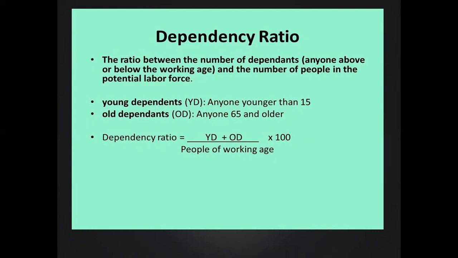Now, young dependents equal to YD, that is anyone younger than 15, and old dependents equal to OD, that is anyone 65 and older. So the dependency ratio equals YD plus OD divided by people of working age, into 100.